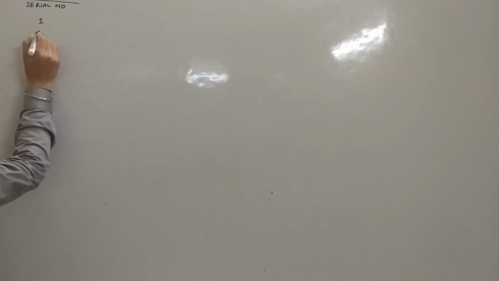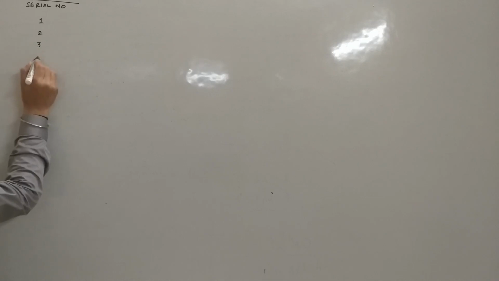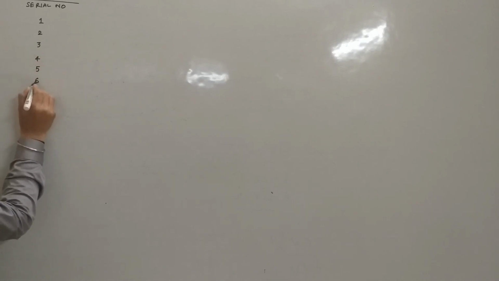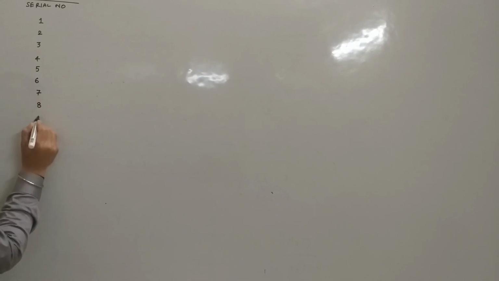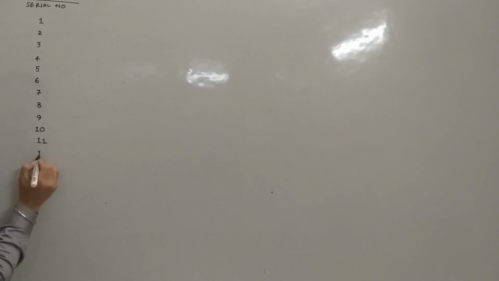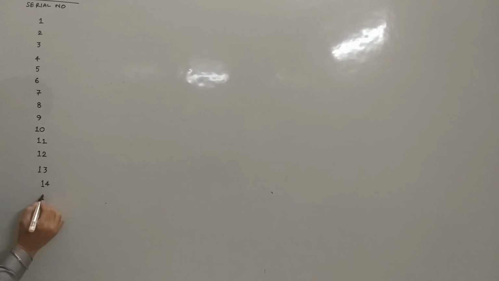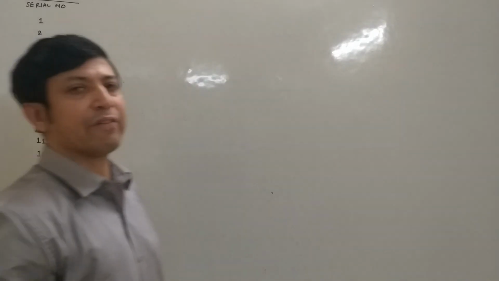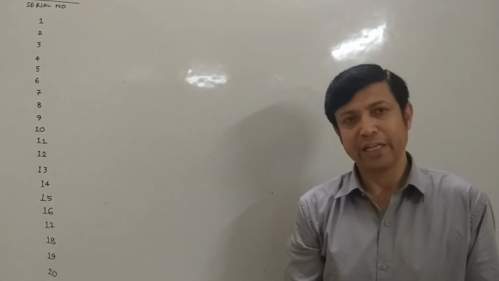It will be 1, 2, 3, 4, 5, 6, 7, 8, 9, 10, 11, 12, 13, 14, 15, 16, 17, 18, 19 and 20. So here I have written the serial numbers for the first 20 elements.